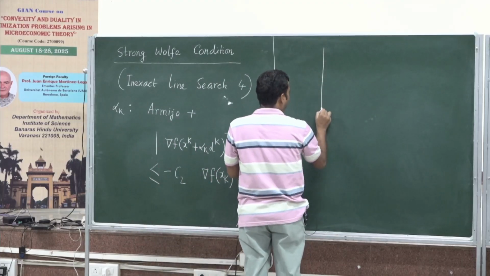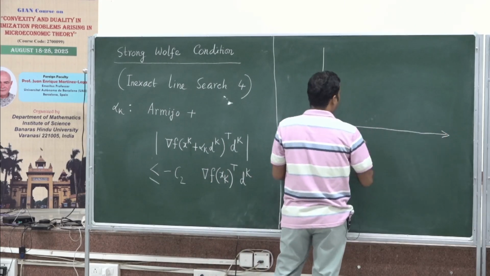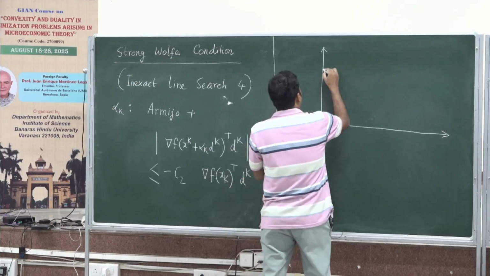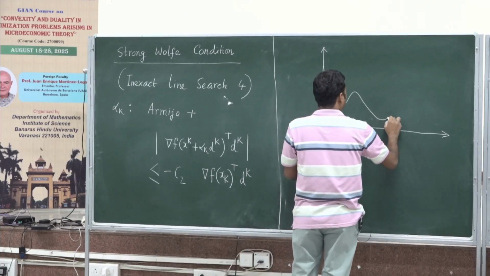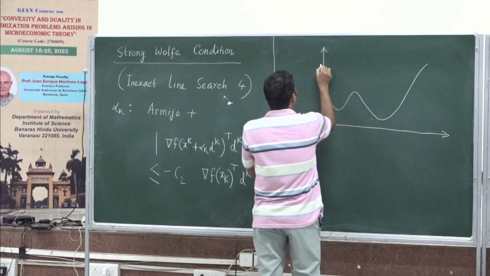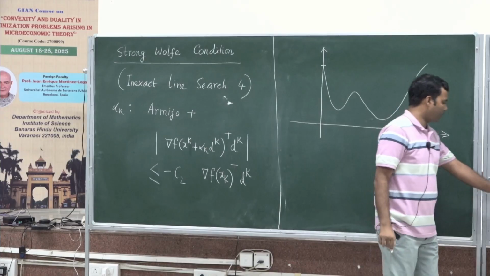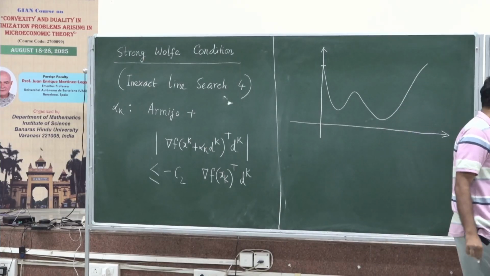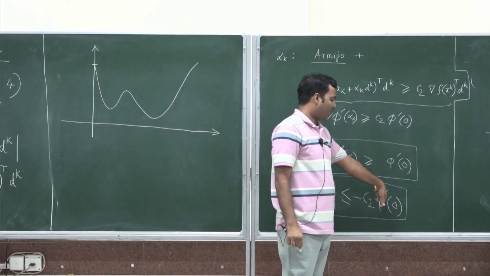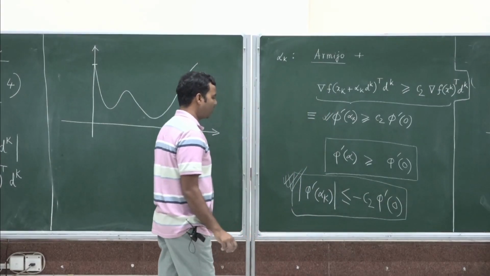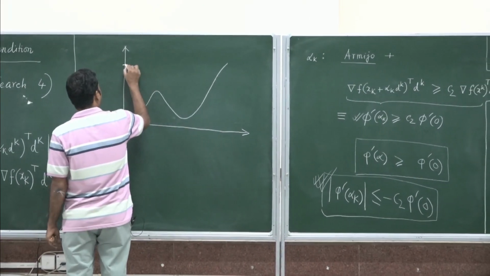Geometrically, the strong Wolfe condition says that the slope at the point alpha k must be in between C2 times phi dash 0 and minus C2 times phi dash 0, right? C2 times phi dash 0 is this slope.